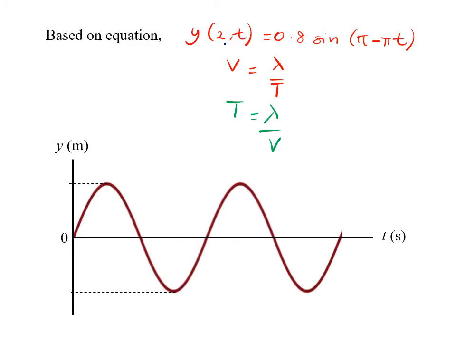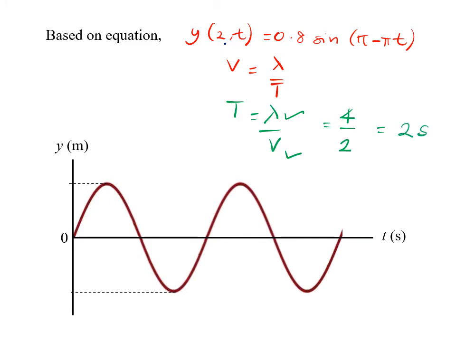Just now, the lambda and the v were already given, where the lambda in the equation is 4 meters and the speed is 2 meters per second. So then you will get the period as 2 seconds.